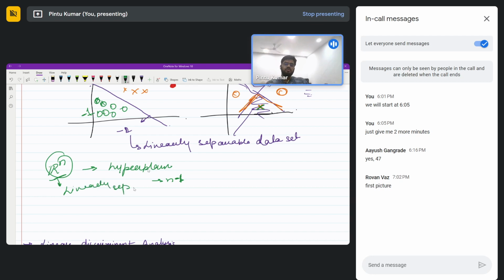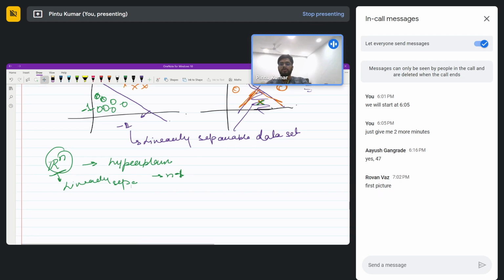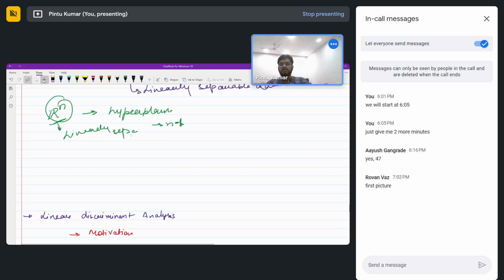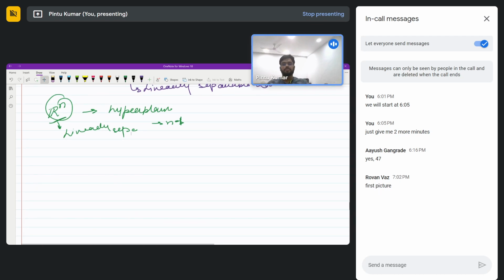Now one problem that principal component analysis faces is, even if you have linearly separable data, let's say this is plus, and this is minus.